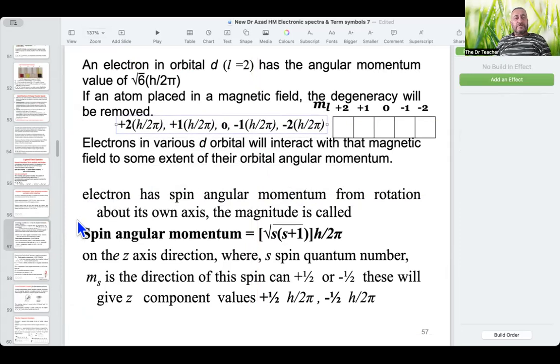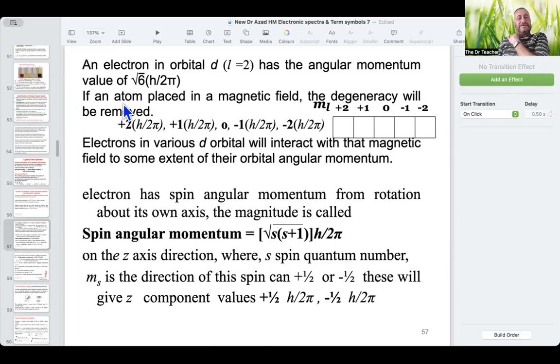So now what I have here is an electron in orbital d, where L equals 2, and has the angular momentum of: if you put 2 instead of L, 2 times 2 plus 1 is 3, 2 times 3 is 6, the square root of 6 multiplied by h over 2 pi.